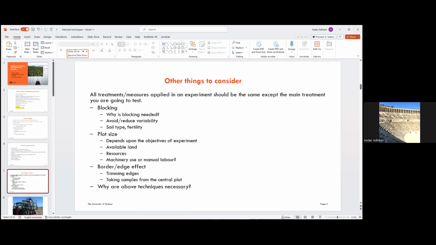You need to make sure of that. To do that, one technique we have is blocking. Why do we need blocking? Can anybody tell me?